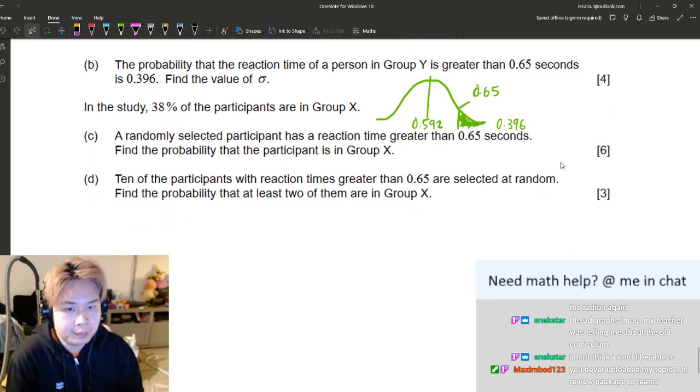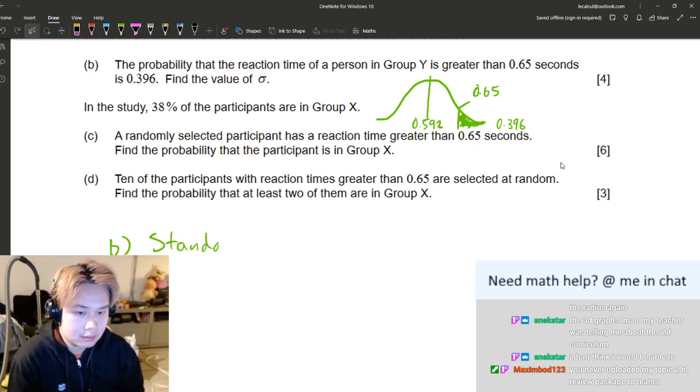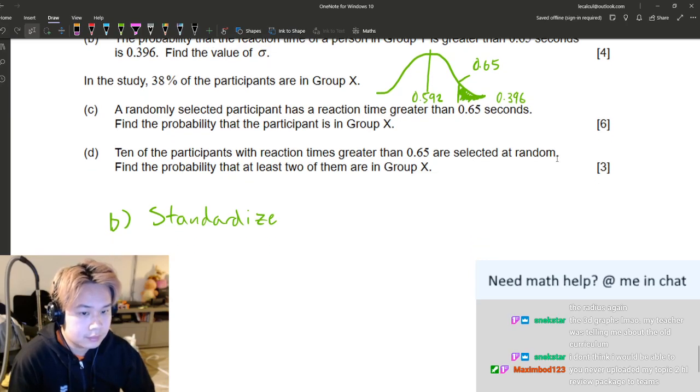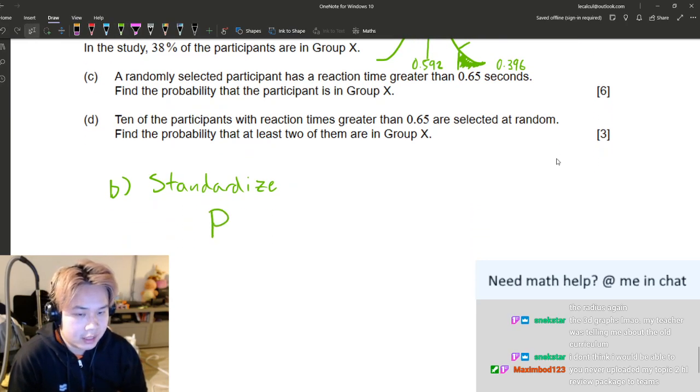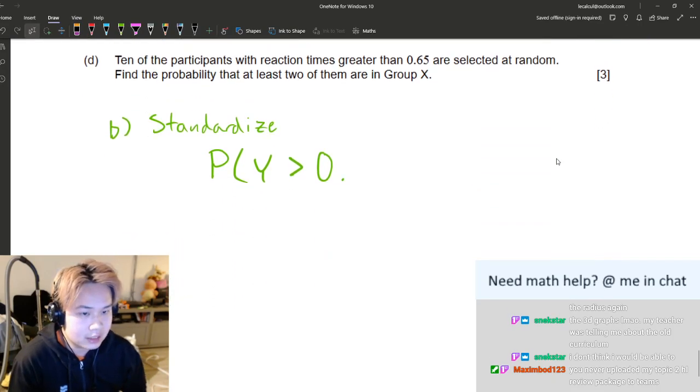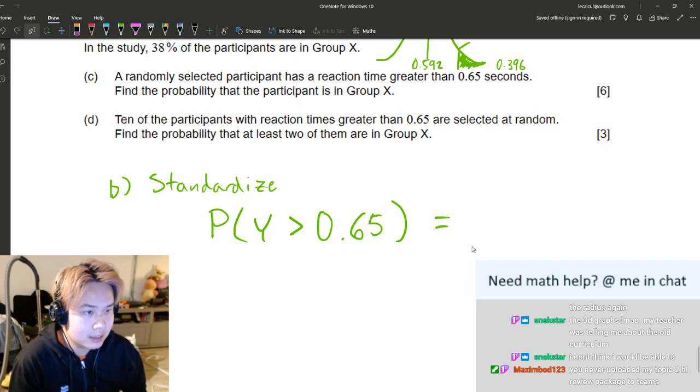So for part B, we are going to standardize this. So again, I know the probability of someone in group Y being slower than 0.65 seconds, or taking longer than 0.65 seconds to react. This probability is 0.396.